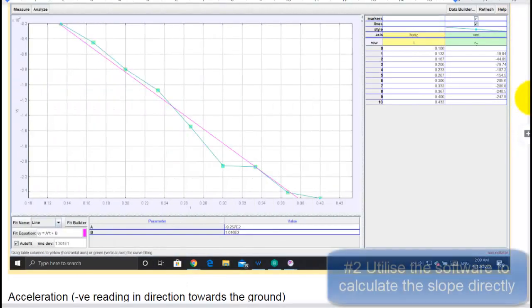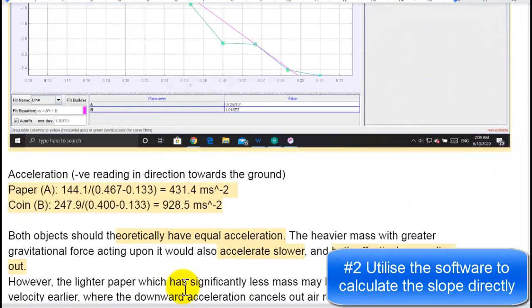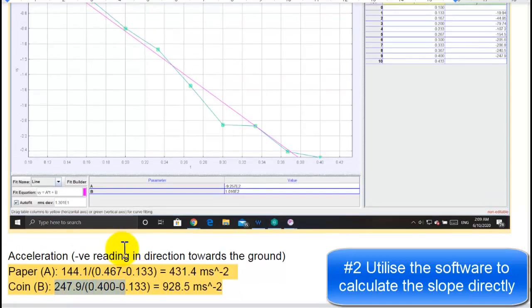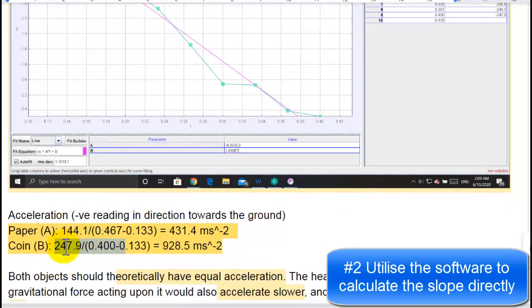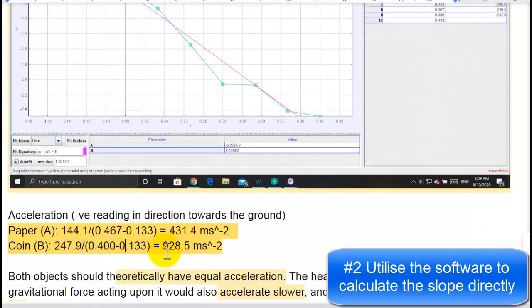Issue number 2. Here is a vt graph of a heavier object, and you can see that when this student tried to find acceleration, he used the traditional method which you learn in maths, rise over run, or you call it delta y over delta x. Obviously you can see that he picked up the coordinates of 2 points, probably from his data, and tried to calculate that acceleration.